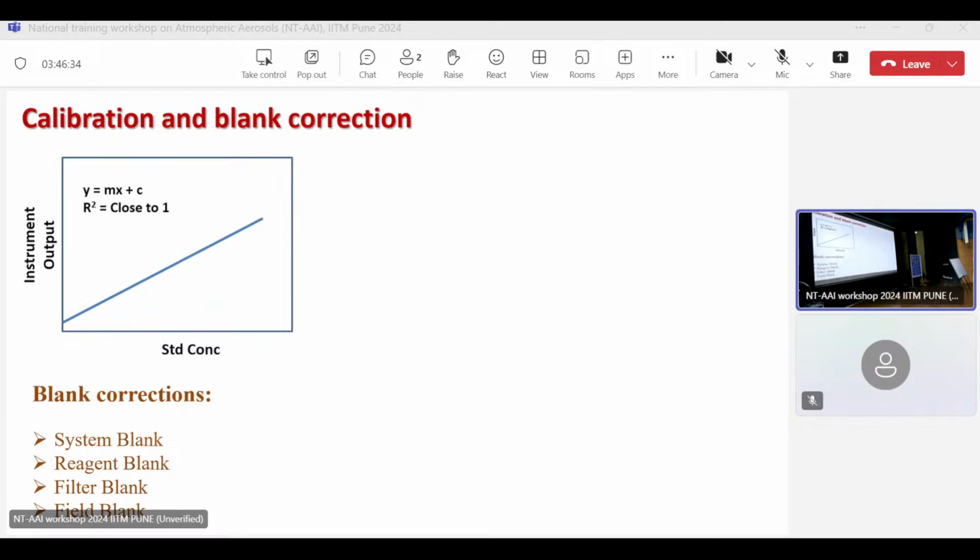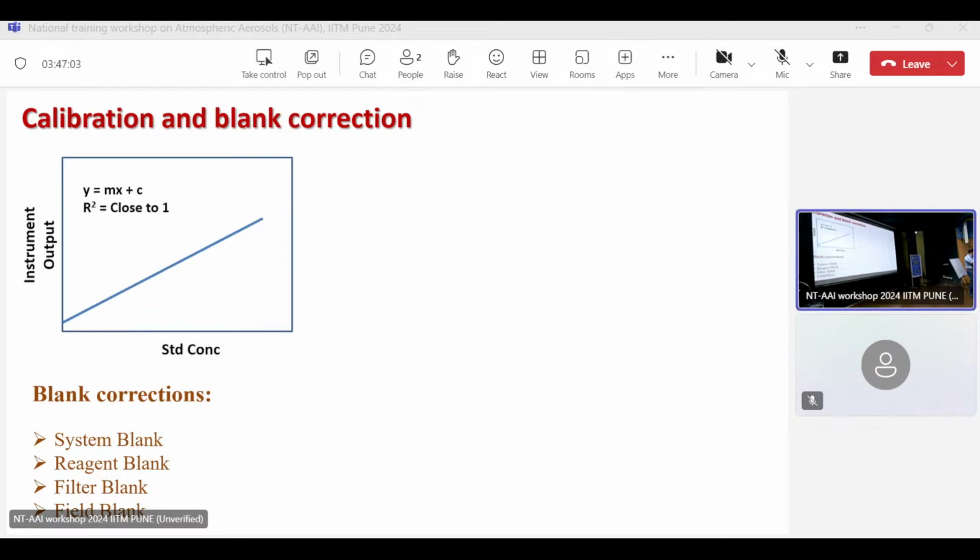But when we run the sample on the instrument, if the reagent gives you any species, for example sodium, because whatever chemical you have used also has some sodium, that means whatever you are going to get will be sample plus reagent. The same reagent you have used to make the standard.